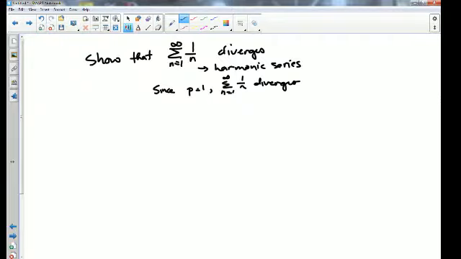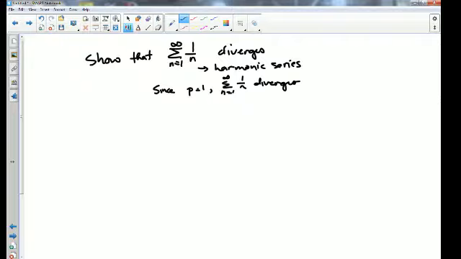The way we got to this point was to show this was divergent with the integral test. So before the P-series, there was the integral test. The integral test actually gives us the P-series. So in your book, the integral test will be first and then the P-series.